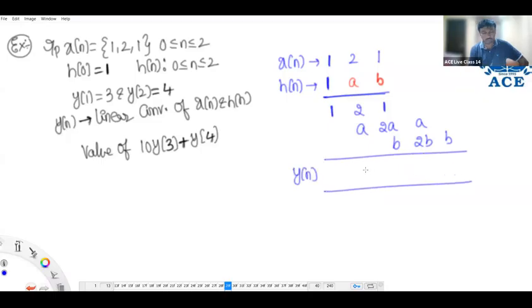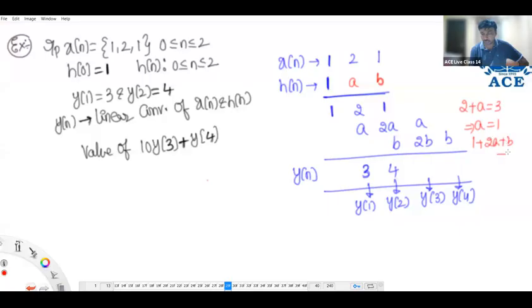So the output is given as which numbers? y[1] is given as 3, y[2] is given as 4. y[3], y[4] are unknown. 2 plus A equals 3, which means A is 1. 1 plus 2A plus B equals 4, which means B is 1. This is 3, this is 1: A plus 2B. The answer is 31.